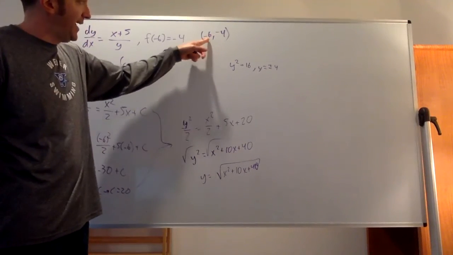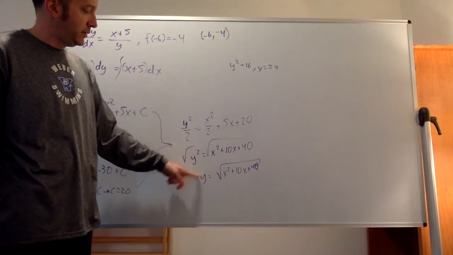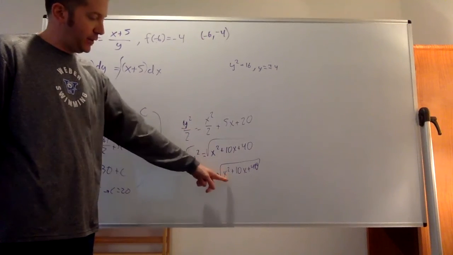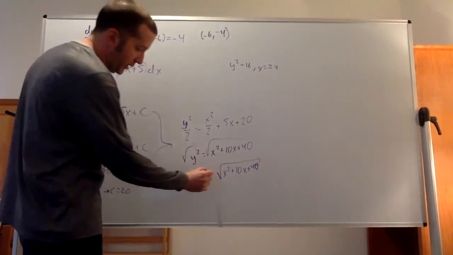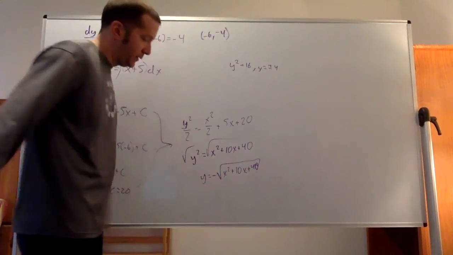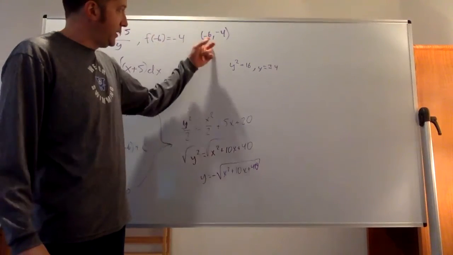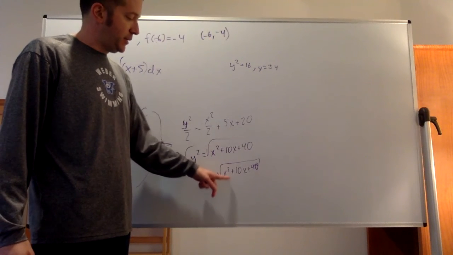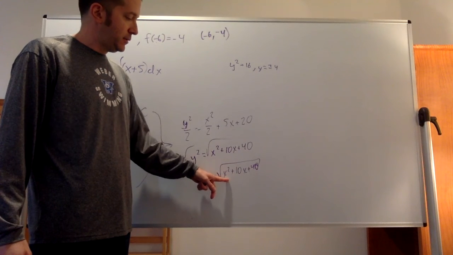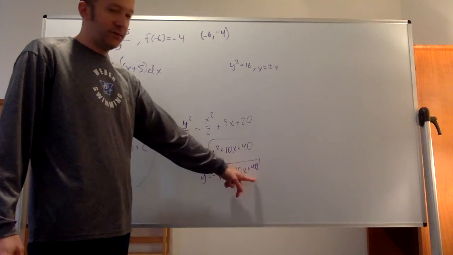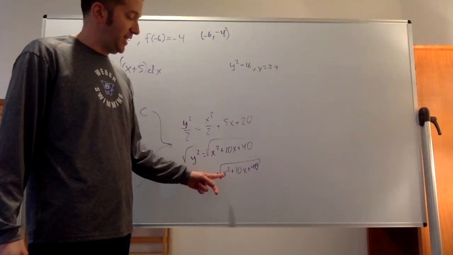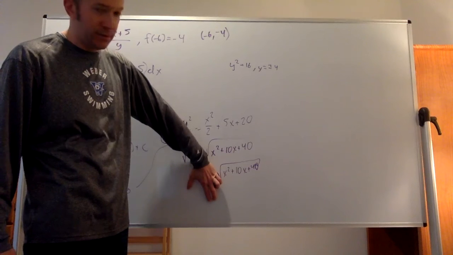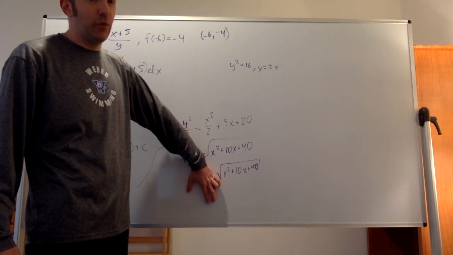Remember, when x is -6, this needs to be -4. The only way that this square root is going to be negative is if I put a negative on the outside of it. Basically, if I put a -6 in here for x, I get 36 minus 60 plus 40, which is 16. So when I plug in -6, I get the square root of 16, and that is equal to 4.